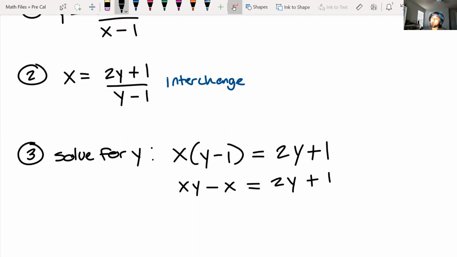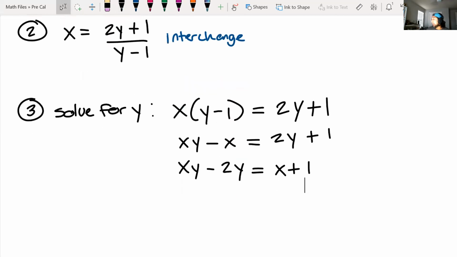And now again, remember that you're solving for y. So you want to put your y's together. So you're going to move 2y over to the left side. So x minus 2y equal to, and you'll move that x by itself over to the right side. So x plus 1 or 1 plus x, whichever you like.